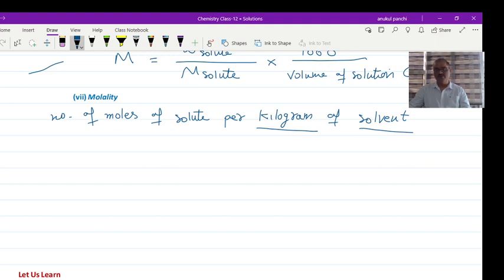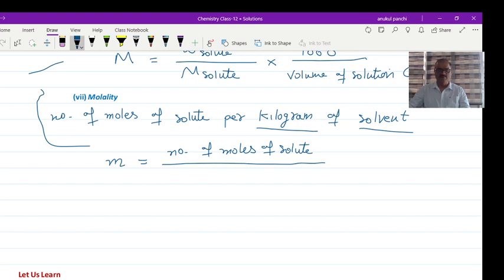So molality is number of moles of solute per kilogram of solvent, and molality is represented by small m. So small m is equal to number of moles of solute divided by mass of solvent.